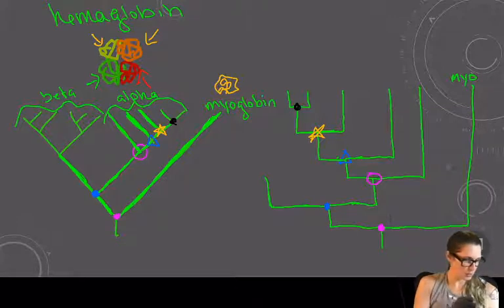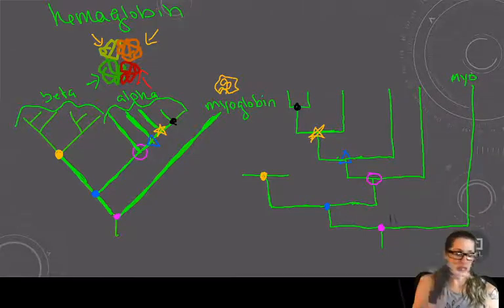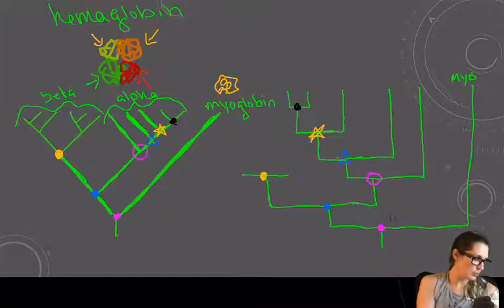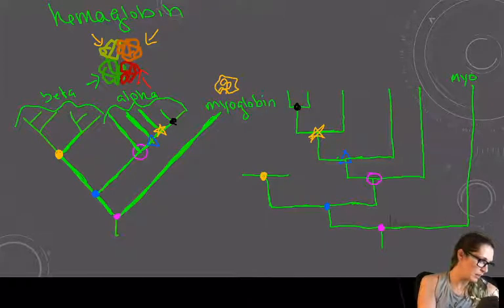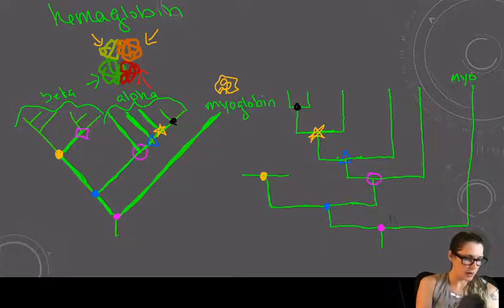I used yellow dot here. We're going to branch. Okay, branching. Now we're going to follow one of those branches up right here. And it comes to another branch point. I'm limited in my colors here. We're going to represent that with a pink square.